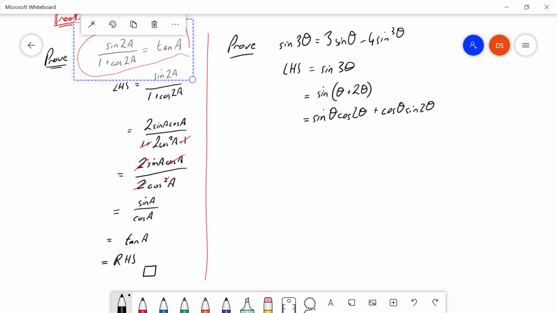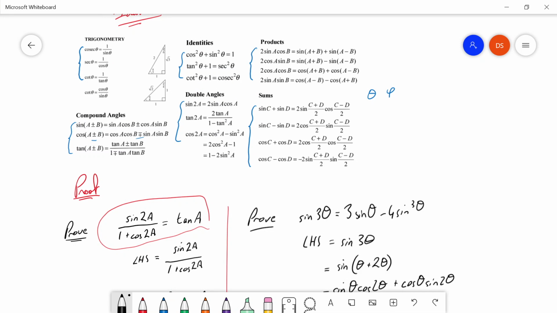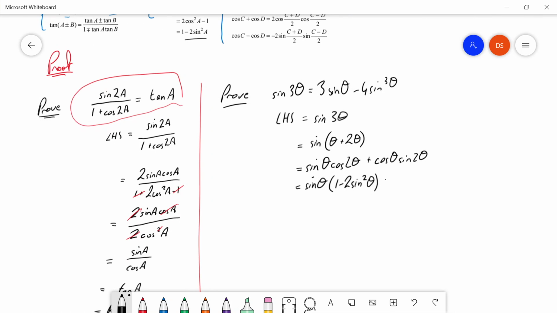So what have I got? I've got sine theta, and I'm going to write this as 1 minus 2 sine squared theta. You know, that is from this identity right here. Okay? And then here, I've got cos theta, and then I'm going to write this as 2 sine theta cosine theta.